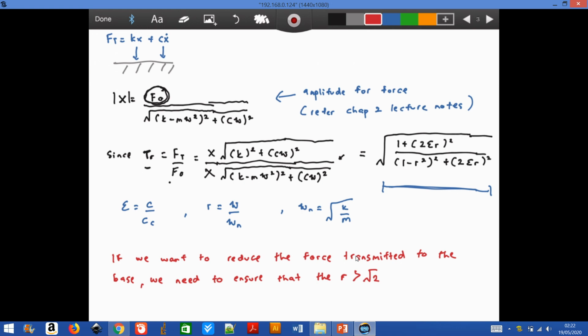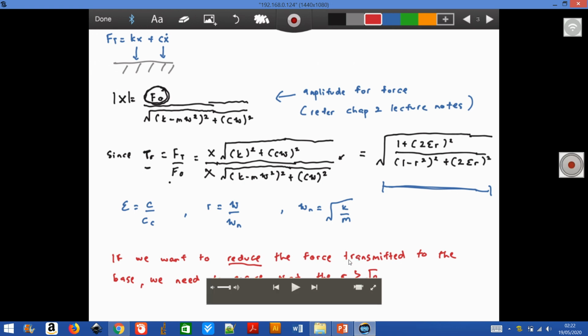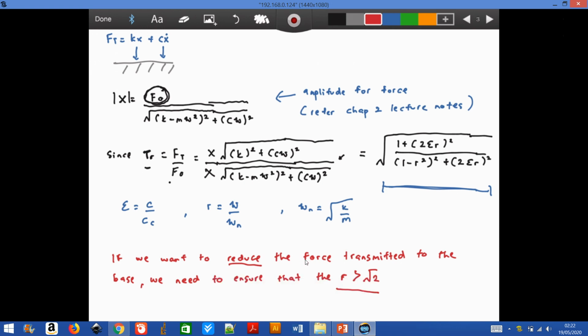Alright, so if you want to reduce the force transmitted to the base, you must ensure that the frequency ratio is over square root of 2. So this is for force transmissibility. The important part for force transmissibility is that you need to remember this.